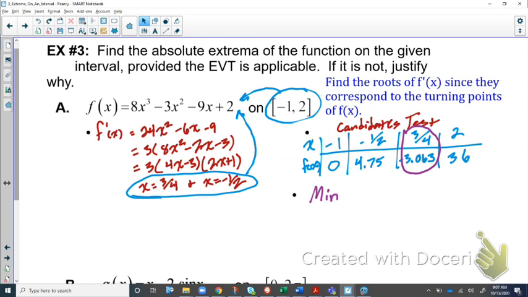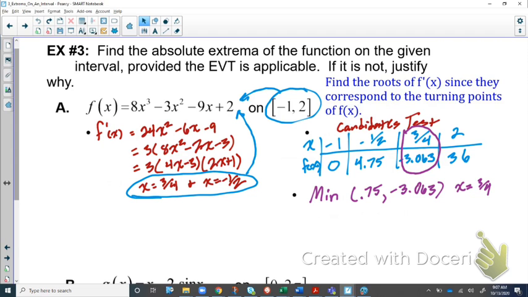So I'm going to have a minimum value when x is 0.75, since the answer I wrote out as a decimal, -3.063. Or you can just say when x is equal to 3/4, depending on what you're asked to identify.